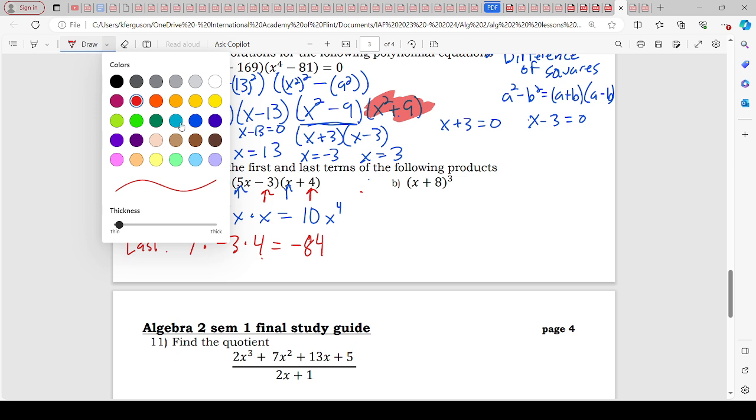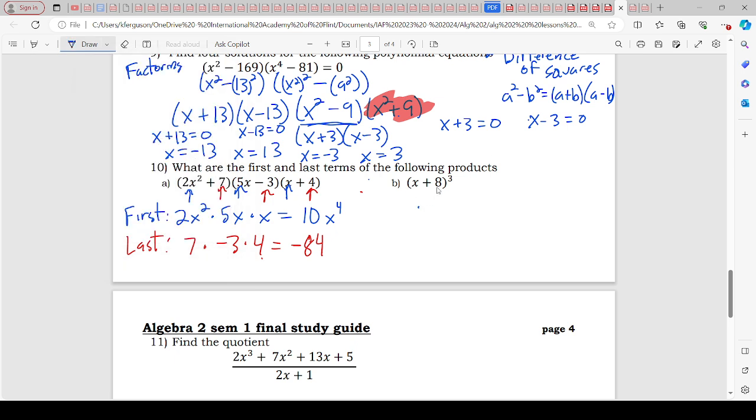And so then we do the same over here. So x plus 8 to the third power is x plus 8 times x plus 8 times x plus 8. So what's my first term? It's just x times x times x. So that's x to the third power.